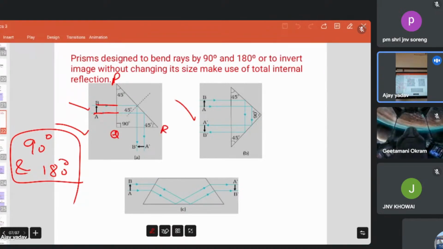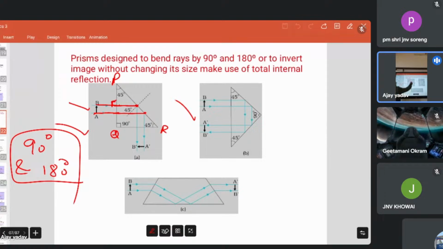So rays will be incident on the surface PQ. The rays are falling normally, and as we studied yesterday, if rays fall normally they will not change their path. They will go straight. So they are incident on this face at an angle of 45 degrees. So TIR will occur.